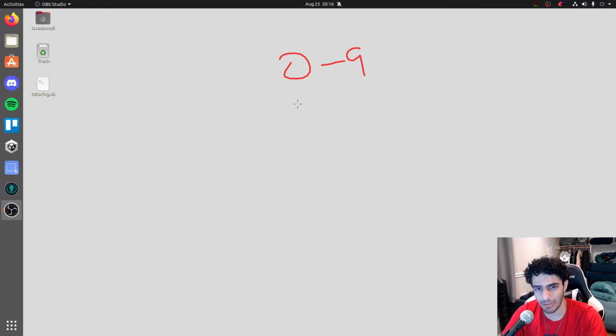The next number, 10, is actually a combination of two numbers: a 1 and a 0. So we have the tens digit, and then 0 to 9 here. If it was 12, it would be a 1 and then a 2 together. There is no number 12 as its own entity. That doesn't exist.